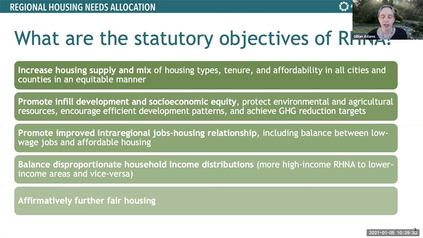Although RHNA has always been based on the principle that every community should do its fair share to provide homes for people at all income levels, the addition of this new objective makes this concept more explicit. According to HCD, the 2 basic principles of affirmatively furthering fair housing are overcoming patterns of segregation and fostering inclusive communities that provide access to opportunity for all people.